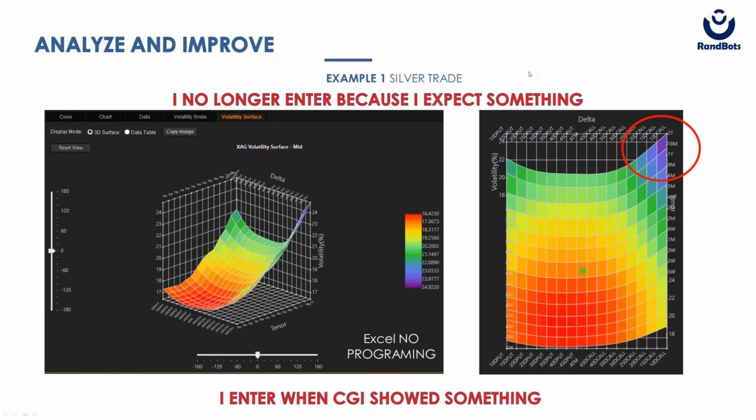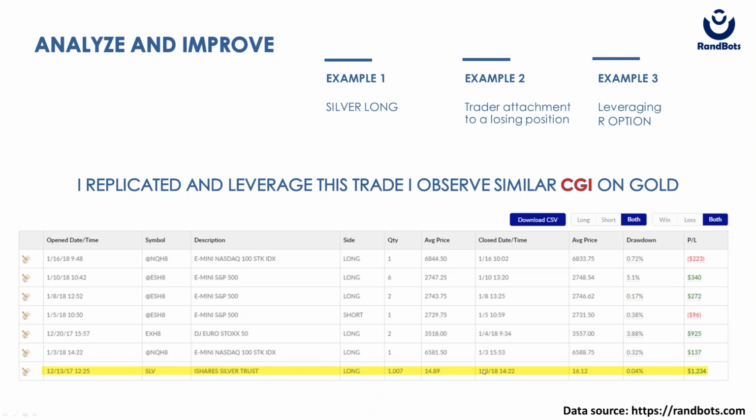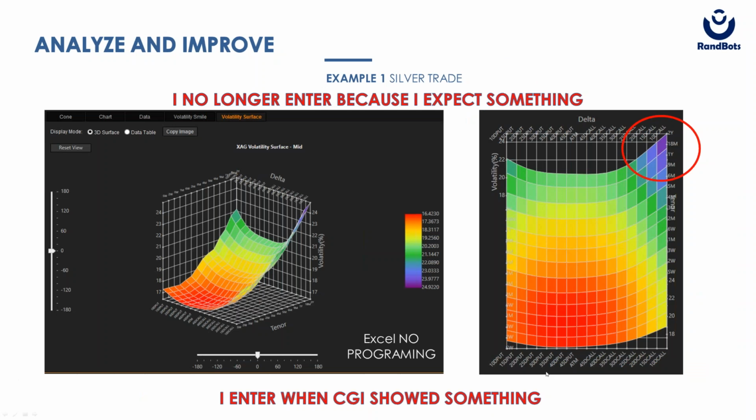So I leveraged this system, this long trade that was a third-party system, to enter into commodities because I wanted to add exposure into commodities. So I was filtering a filter. This was with the help of Excel and not analyzing charts.